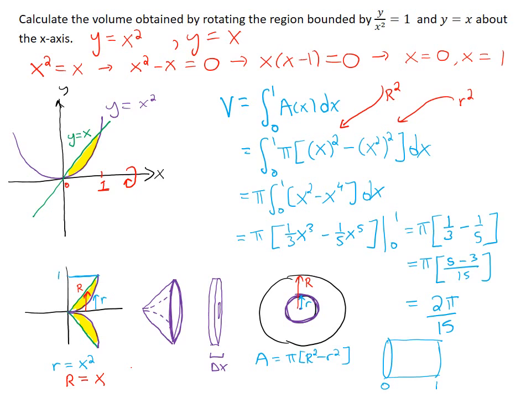So this would be a cylinder, if you want to contain the whole shape, that would have a radius of 1 and a length of 1. Volume of the cylinder is pi r squared h. So we're going to get pi. And our answer has to be smaller than that. And our answer is smaller than that. 2 pi over 15 is smaller than pi. So our answer is sensible. If we got a number that was larger than pi, we'd have to go back and find our error. And that's one way you can check to see if your answer makes some sense.